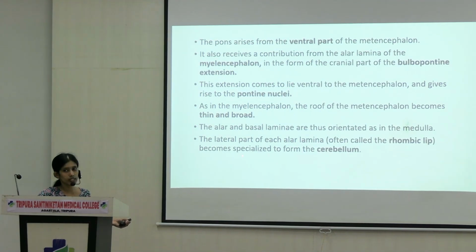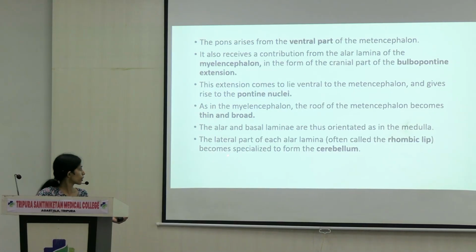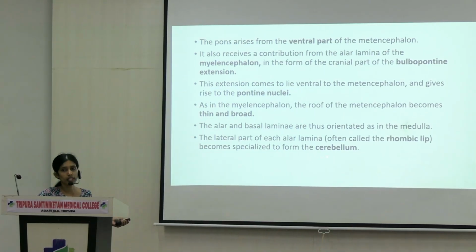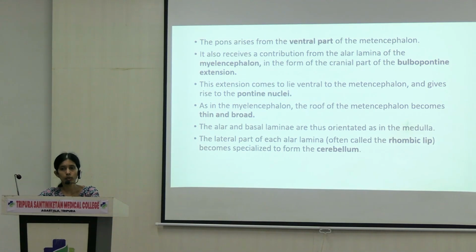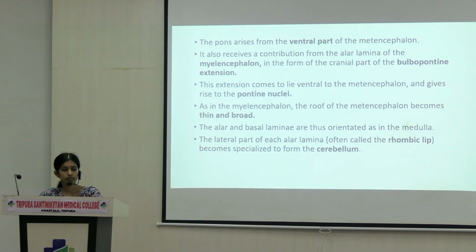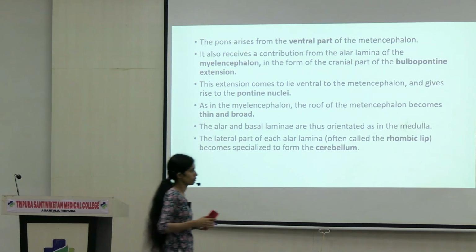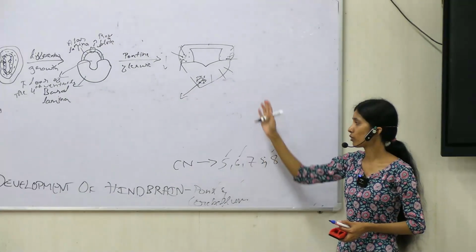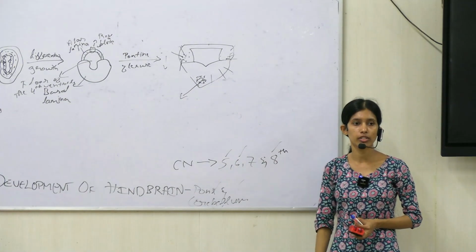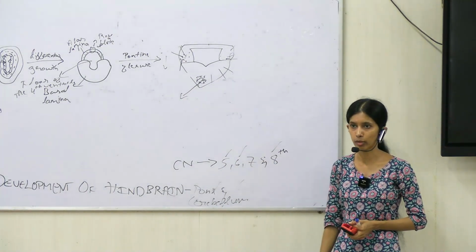So here you can see the point. The lateral part of each alar lamina, which is often called the rhombic lip, becomes specialized to form the cerebellum. So what are all the parts of cerebellum? What parts can we see in the development of cerebellum? So now the formation or the development of your pons is taking place.